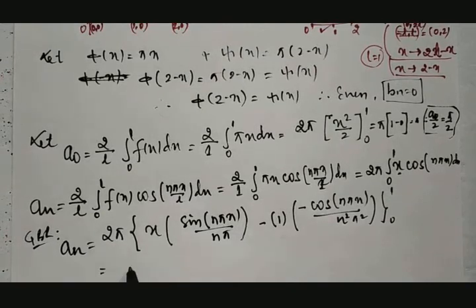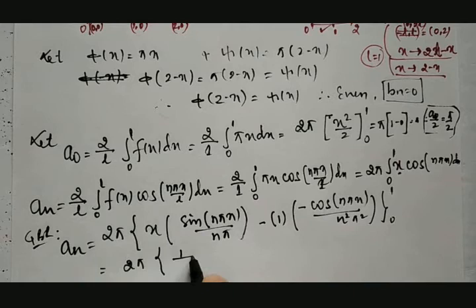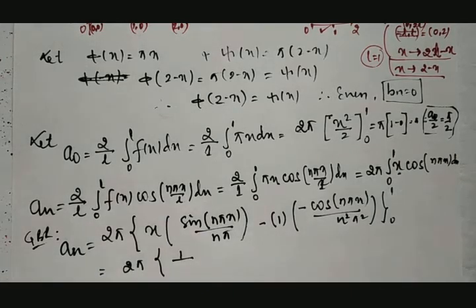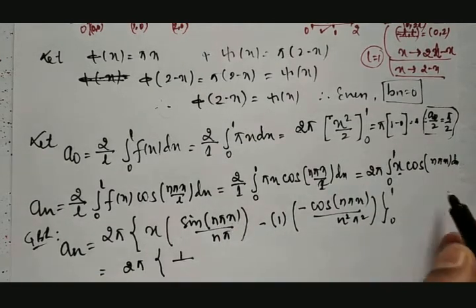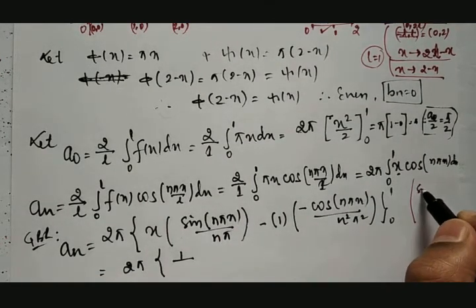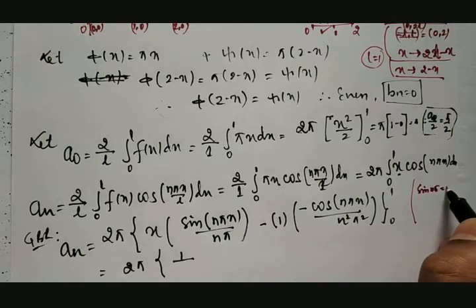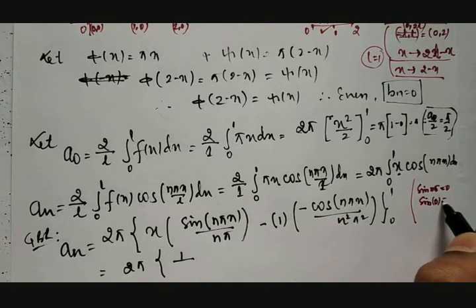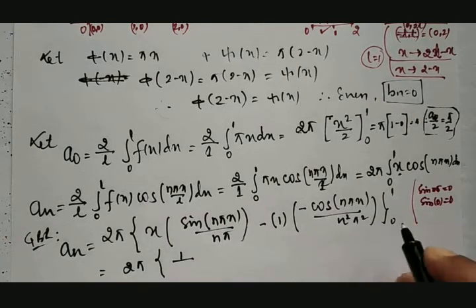Therefore, 2 pi into 1, due to the limit, what happens? If you put 1 here, then it becomes sine n pi, which is equal to 0. If you put 0, it becomes sine 0, which is equal to 0.